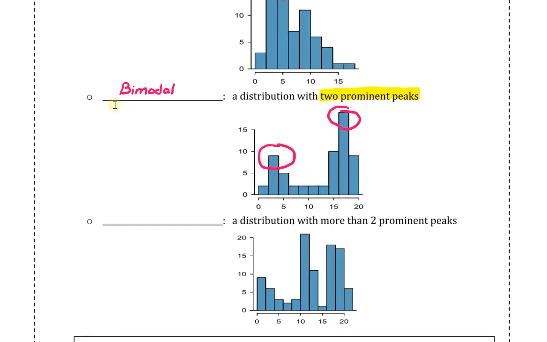And sometimes in our distribution, we will see more than 2 prominent peaks. In these scenarios, we will say our distribution is multimodal. Here, I'm showing a distribution that maybe has 3 prominent peaks, or 3 more occurring values.